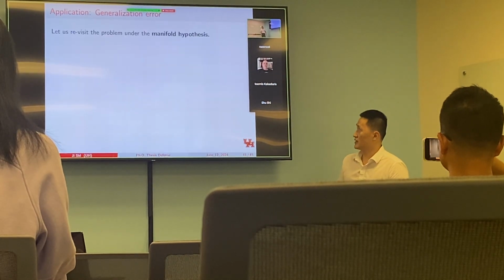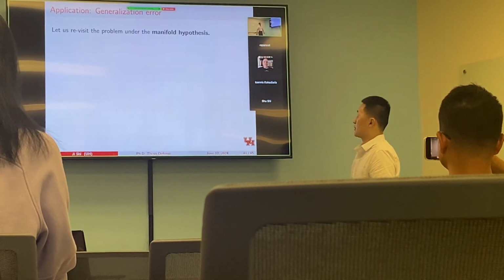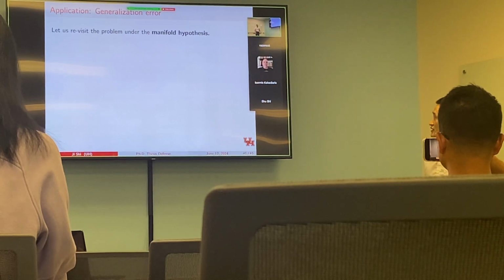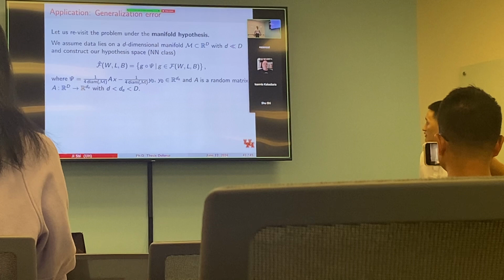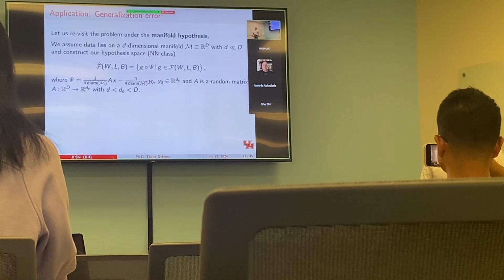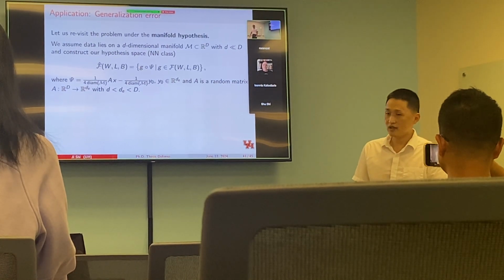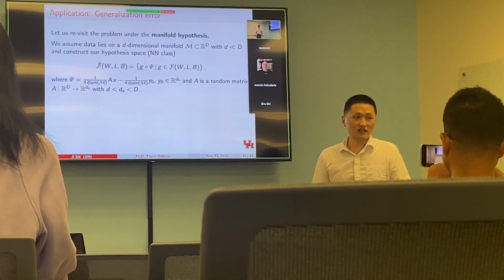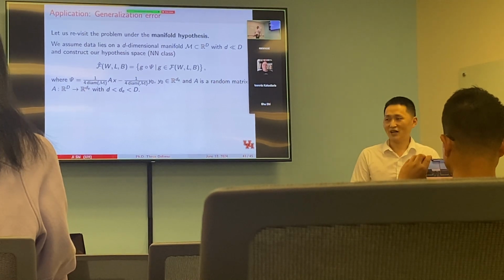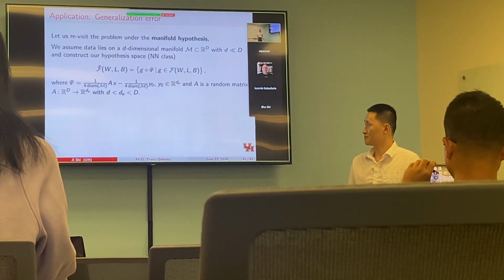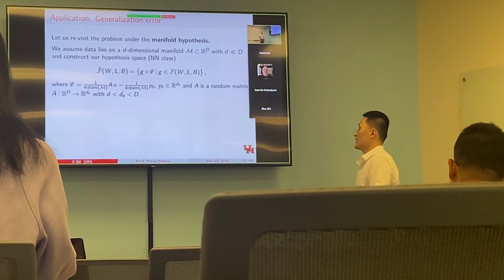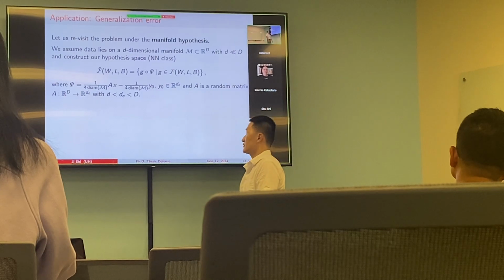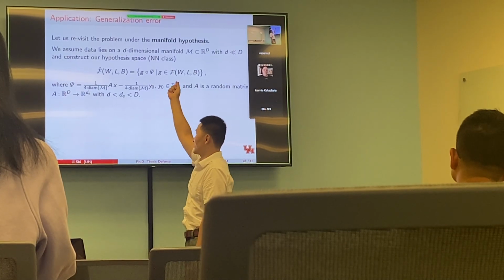So let's revisit the problem under the manifold hypothesis. We assume the data lies on a d-dimensional manifold M contained in R^D, where the little d may be much smaller than capital D. We construct the following hypothesis space, that is the neural network class.